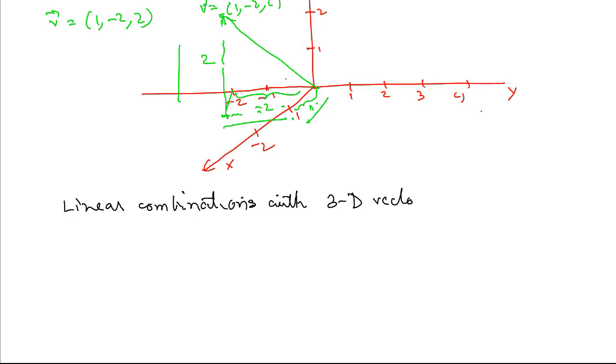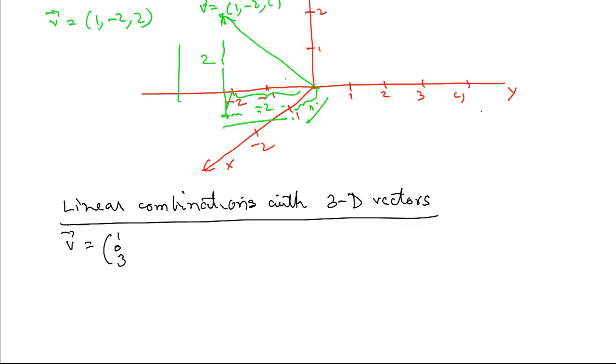And by the way, you can do linear combination with vectors of any dimension, not just 3 components. So let's say v equal to 1, 0, 3, or you can write it as a column.